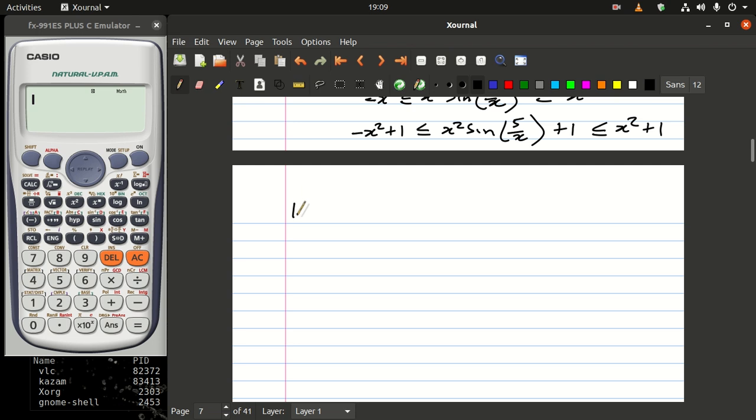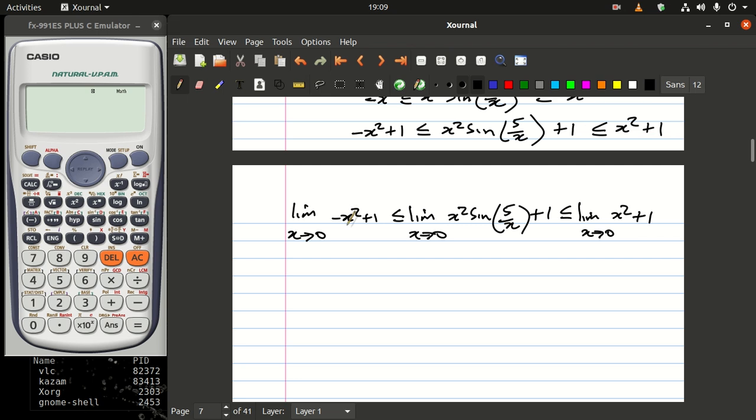Now I take the limit throughout, which as x approaches 0 of minus x squared plus 1 must be less than or equal to the limit as x approaches 0 of x squared times sine of 5 over x plus 1, which must be less than or equal to the limit as x approaches 0 of x squared plus 1.